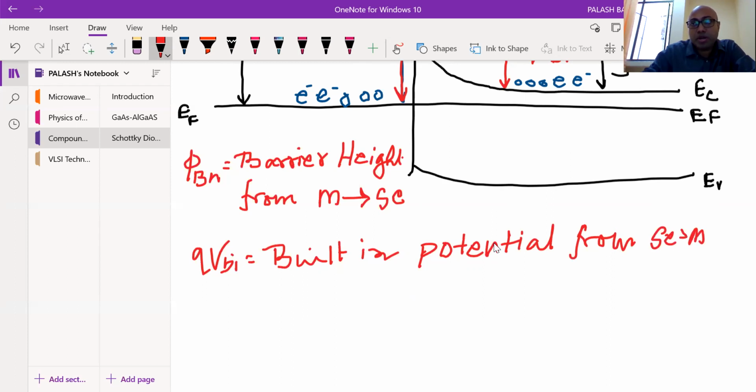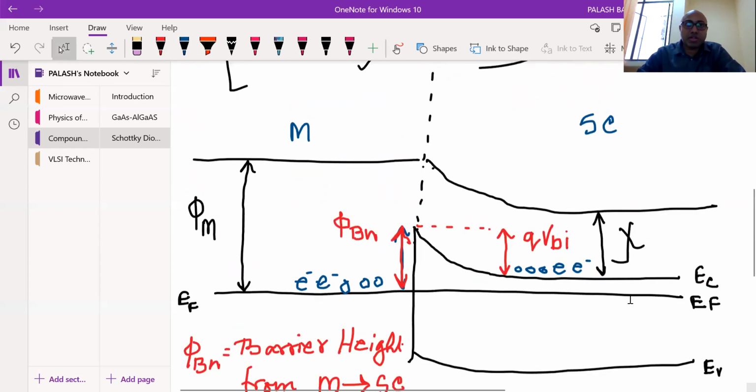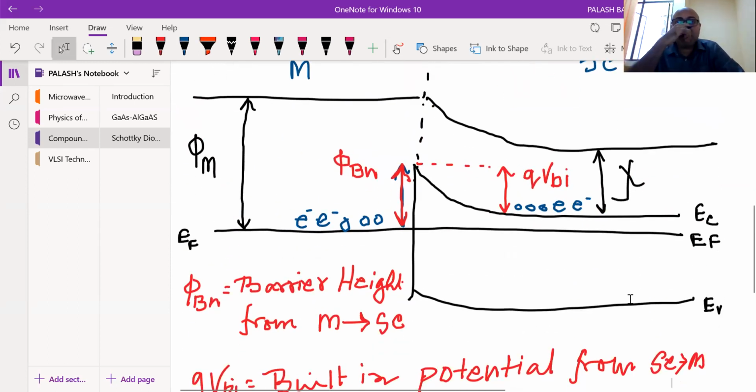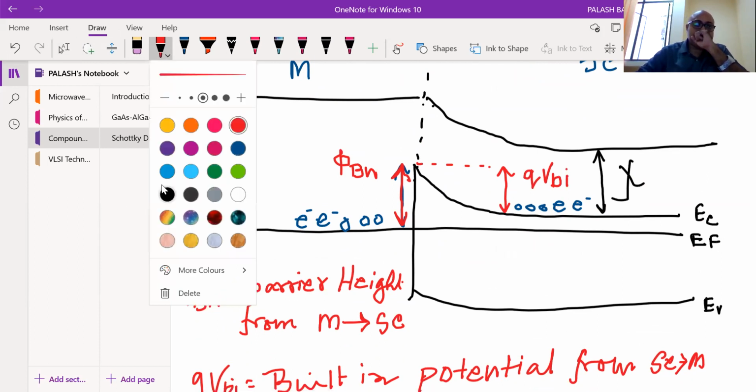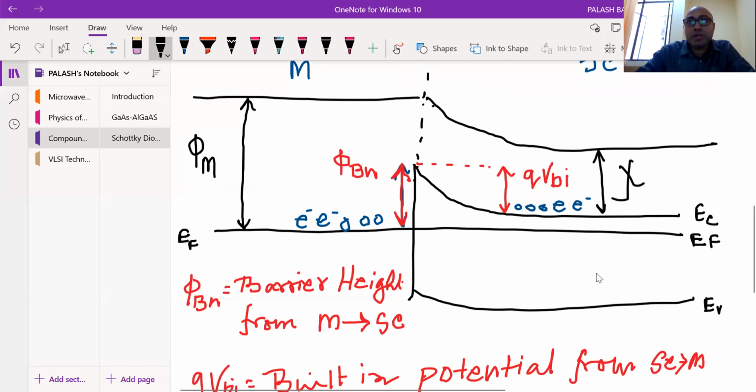From semiconductor to metal, right? So these are the conditions. Now here, what is the value of 5A? If somebody asks you, how do you conclude? So let us write 5N.